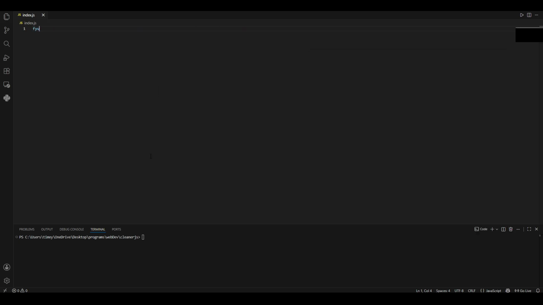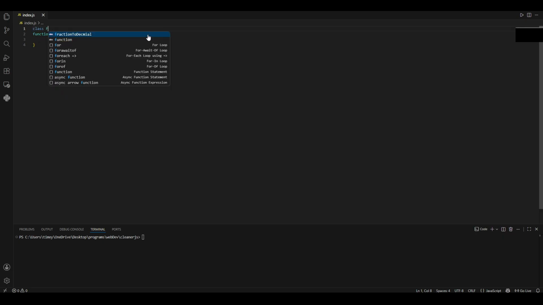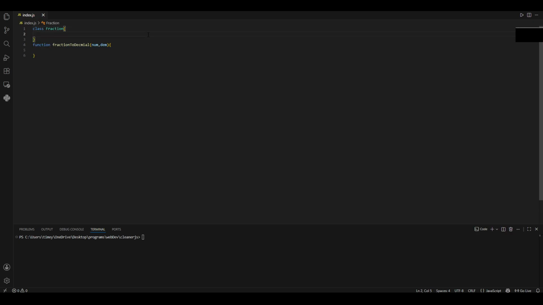So first, let's create fraction to decimal. There's probably a better way to set this up. Maybe have a fraction class. Let's actually do that. I think that's right.